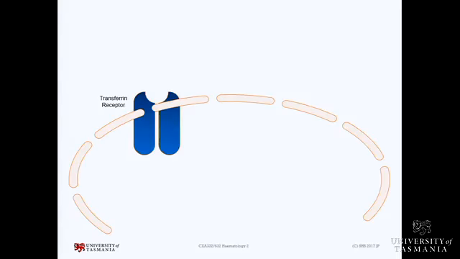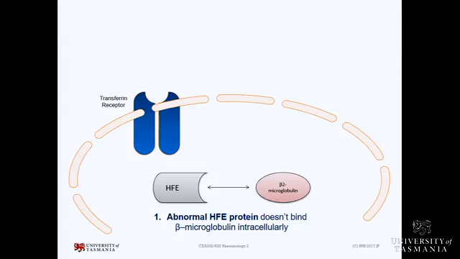What we find in somebody who has hemochromatosis is our transferrin receptor is still there on the membrane, so transferrin receptor 1 and transferrin receptor 2 are still there on the membrane as well. But what happens is that the gene codes for an abnormal protein that can no longer bind with beta-2 microglobulin, and that's the issue.